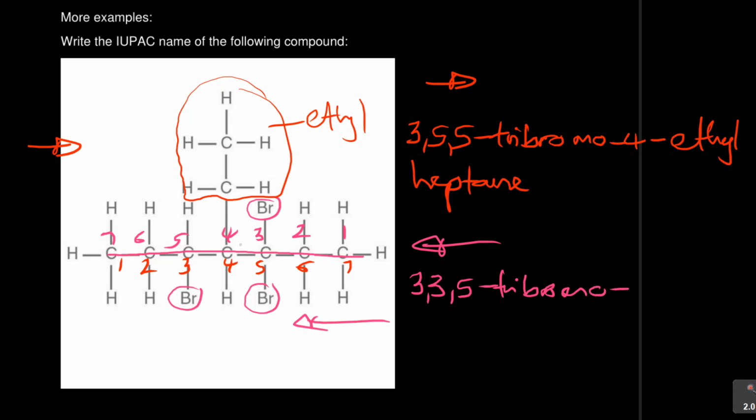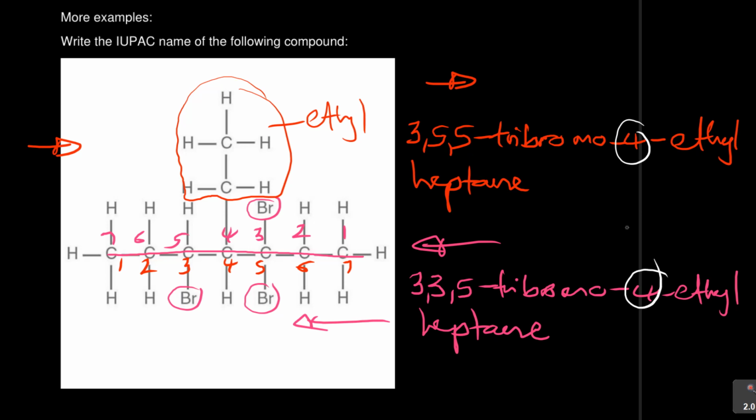Then now, where is my ethyl? Doesn't matter. It's 4-ethyl, and then what is heptane? Everything will maintain the same. It's only the numbering there. Now the question is which one is which and why. Look at this. 4 and 4 doesn't change anything, so we leave it like that. But there is your change.